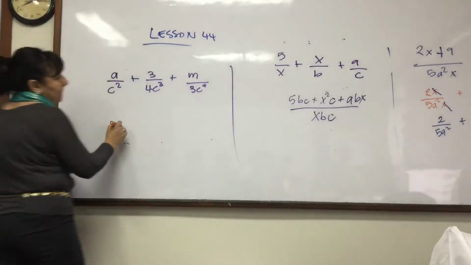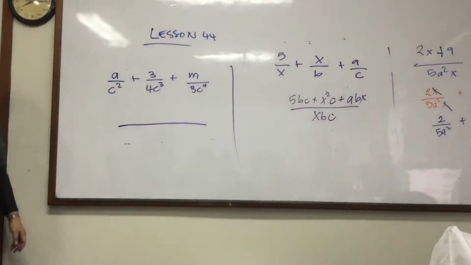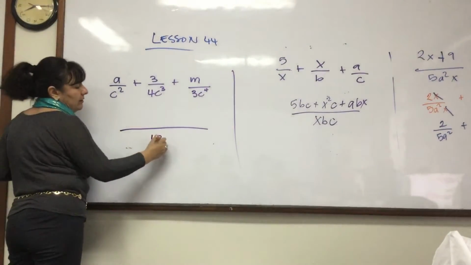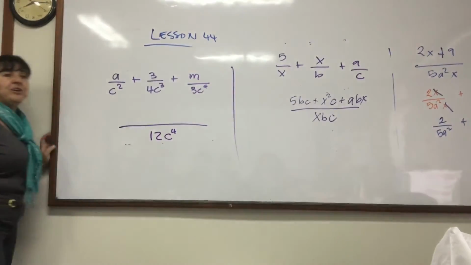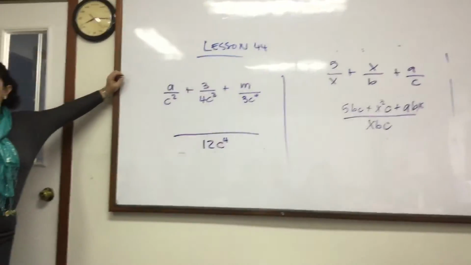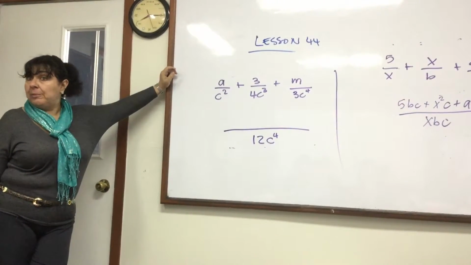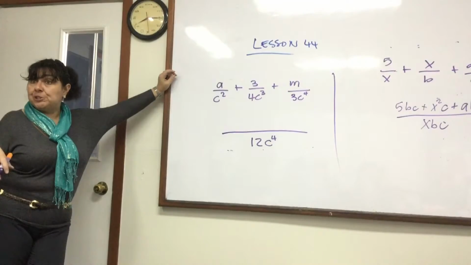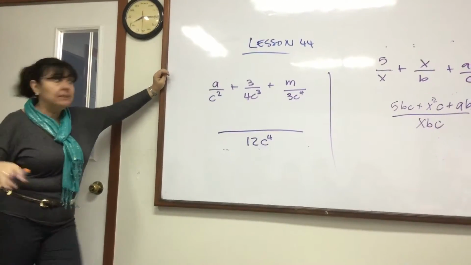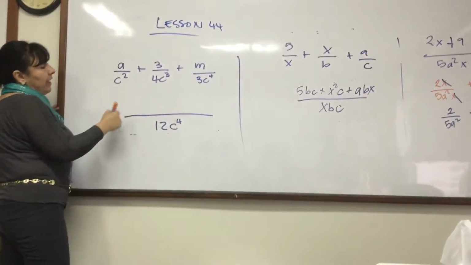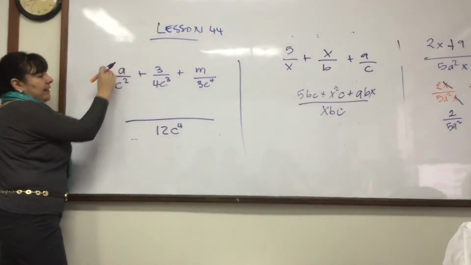It's 12c to the power of 4. Does everybody agree, or does someone think it's something different? Everybody agrees? Yes. Remember yesterday with the least common multiple, we took the highest exponent because that includes everyone, right? So, same thing.